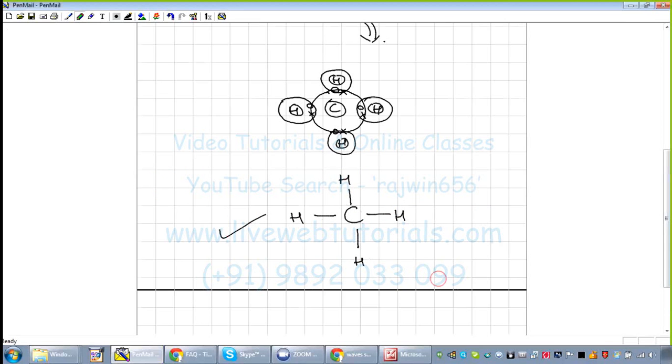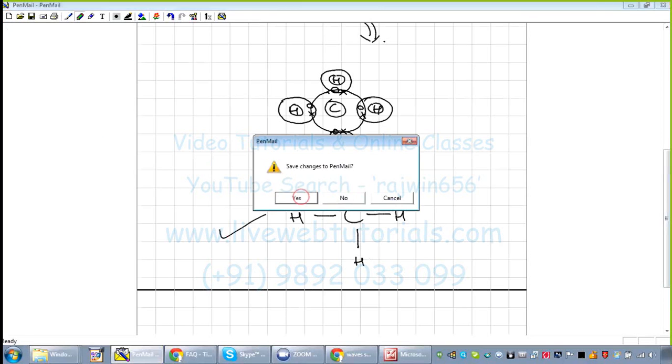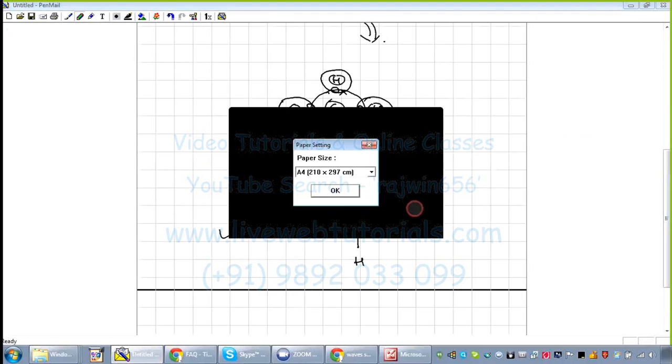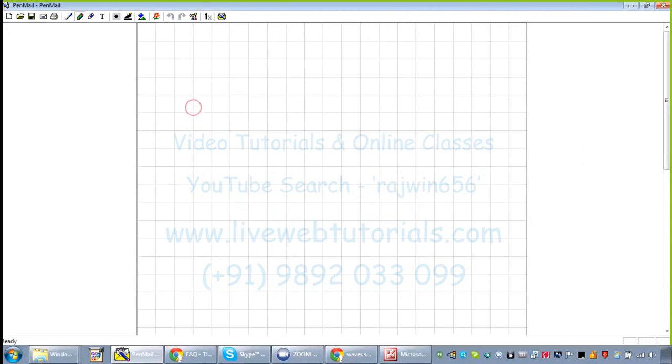We can show this in the form of an electron dot structure as well. Okay, this is your carbon atom. These are the 4 electrons of the carbon atom.